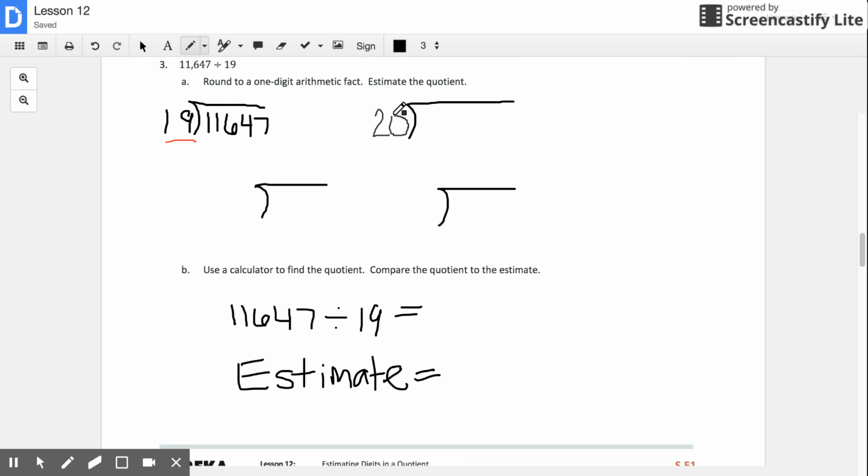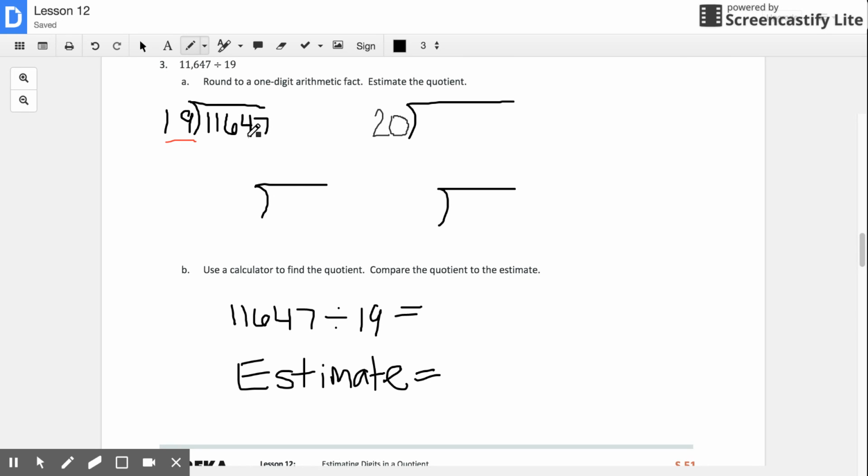And I want a nice, easy number for our dividend inside the house. We have 11,647. We could keep it at 11, or round it up to 12.